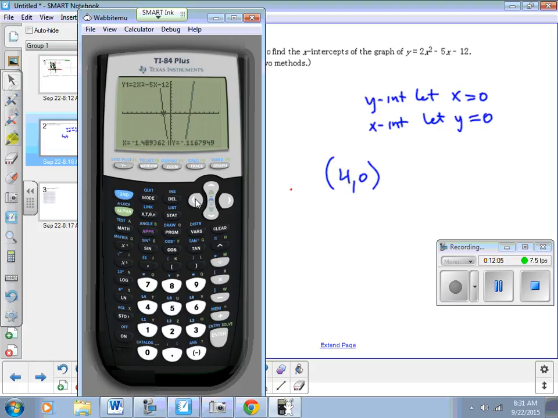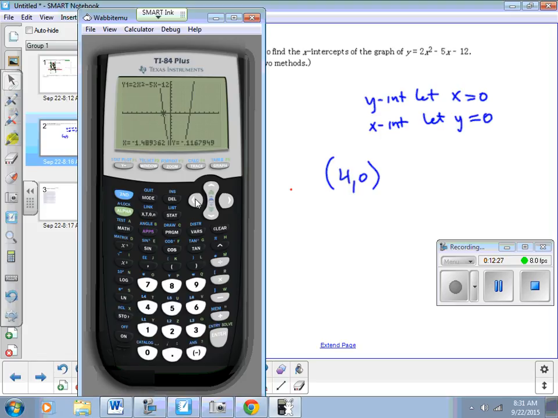Well, how do I do this algebraically so I can get an exact value? This is where I need to go over how you do quadratic equations, how you do factoring, how you solve for the x-intercepts of a quadratic equation, okay? So, do you see how the calculator only gave me one of the x-intercepts?